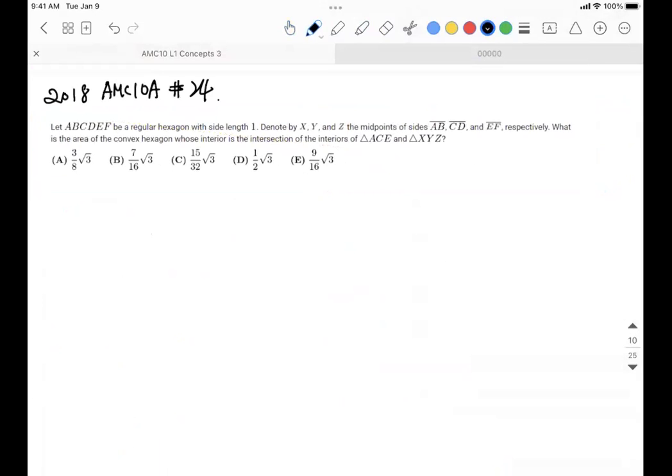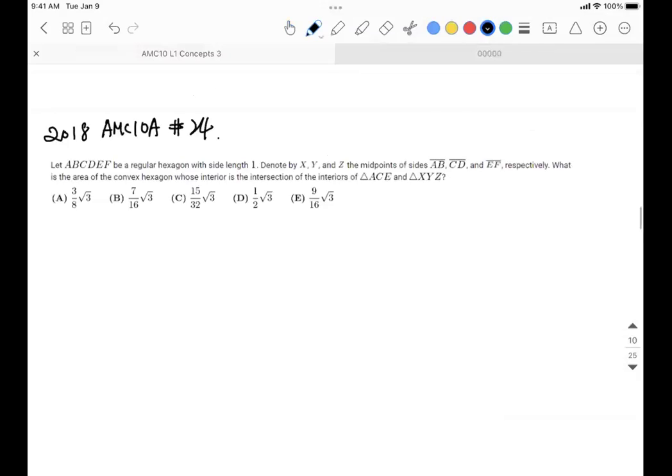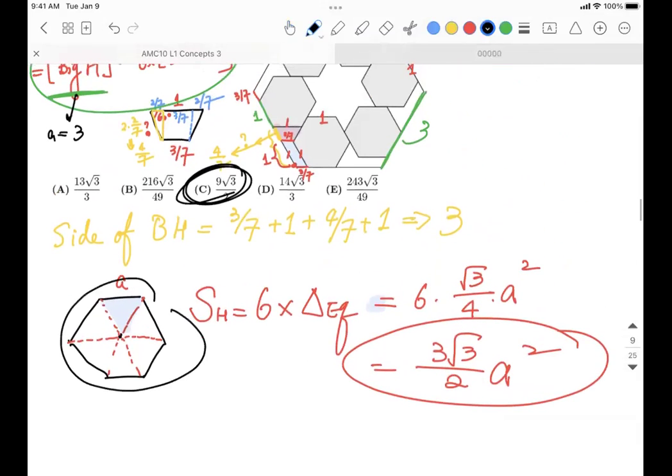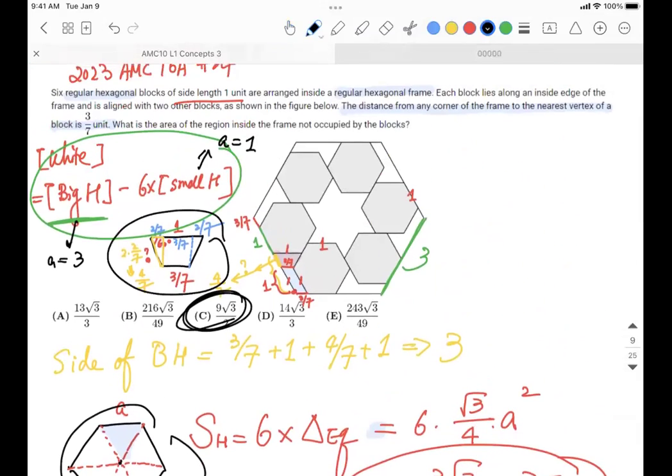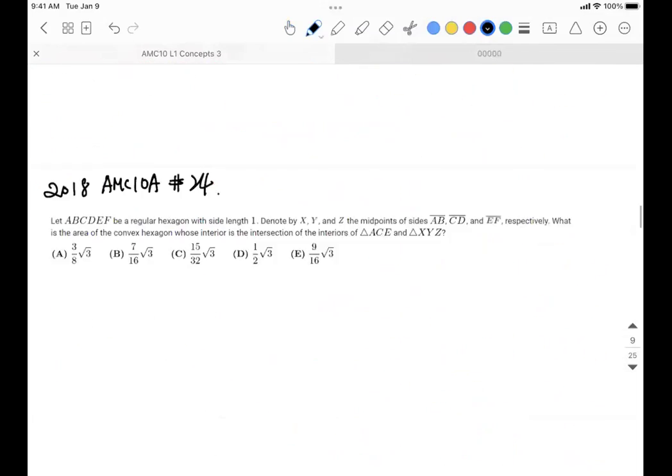The problem says, let A, B, C, D, E, F be a regular hexagon. This is also a hexagon. Trust me, AMC loves to test your hexagon. Among all polygons, hexagon is the most important because there are so many special properties you can use here. Try to remember it.